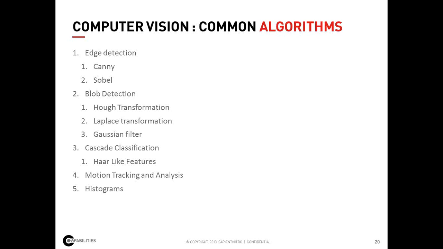So these are a couple of algorithms in computer vision. People have done so much research in those areas to create sophisticated and very powerful algorithms, using which we can process our streams and extract that information.